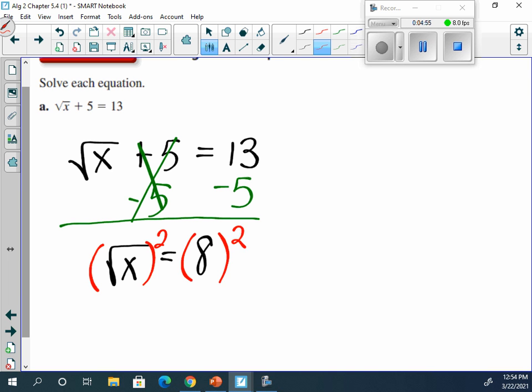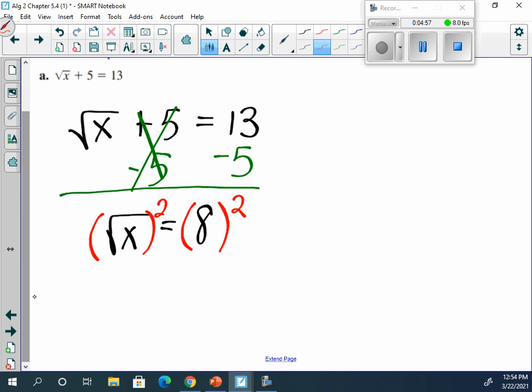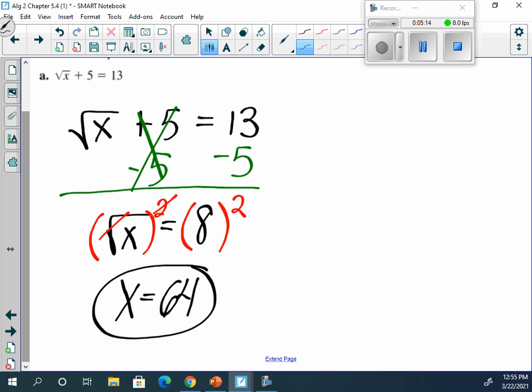But what I do to one side, I have to do to the other. Here the square root and square simplify, leaving us with just x equals, well, 8 squared is 64. So the value of x is 64, and we're done.